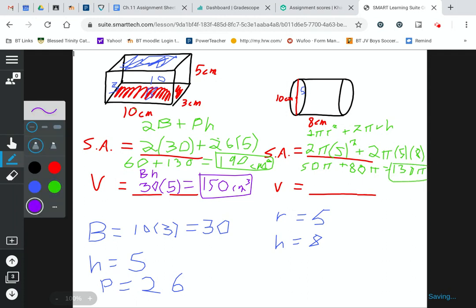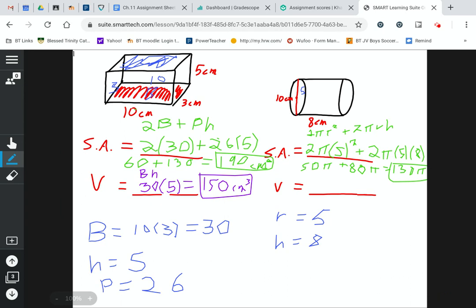And then for volume, it's pi r squared h. So we plug in those numbers, pi times 5 squared times 8.